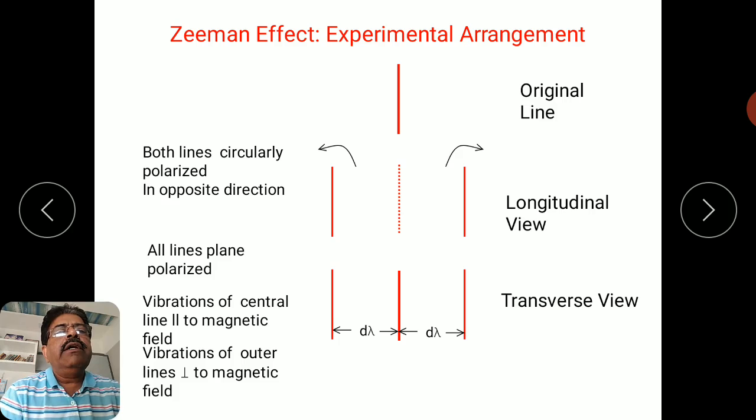One more important feature of this polarization is that the vibrations of the central line are parallel to the magnetic field, whereas the vibrations of the two outer components are perpendicular to the magnetic field. That is one more important characteristic in terms of polarization of these lines.